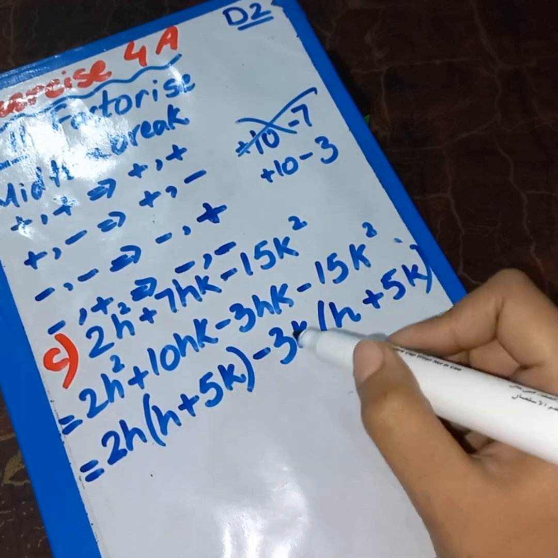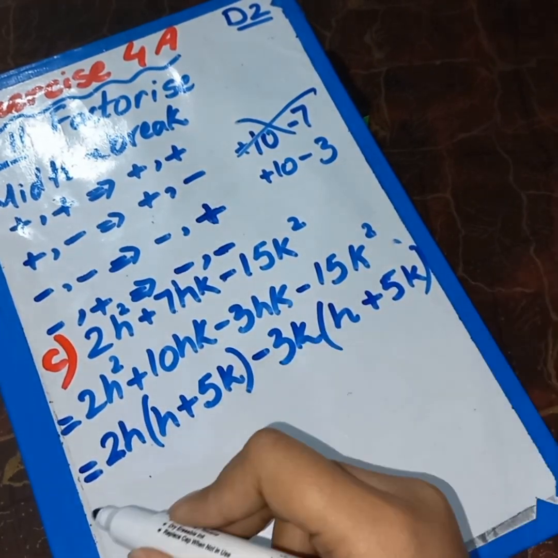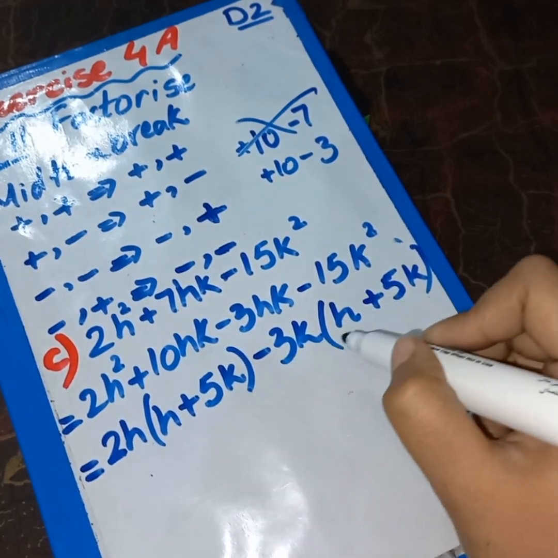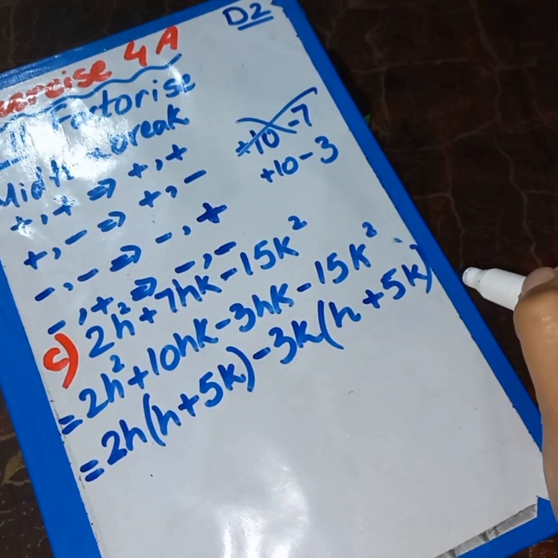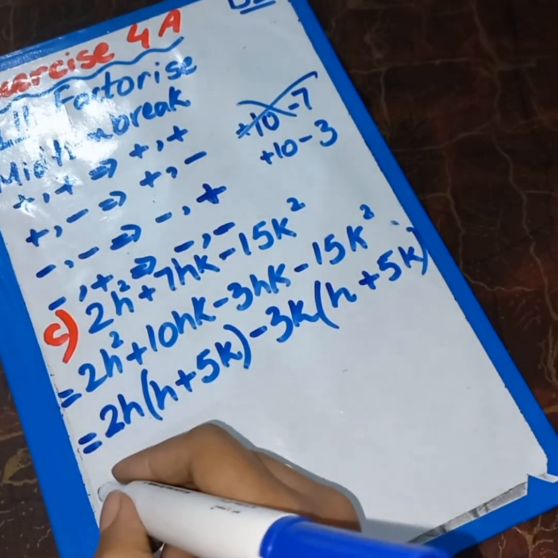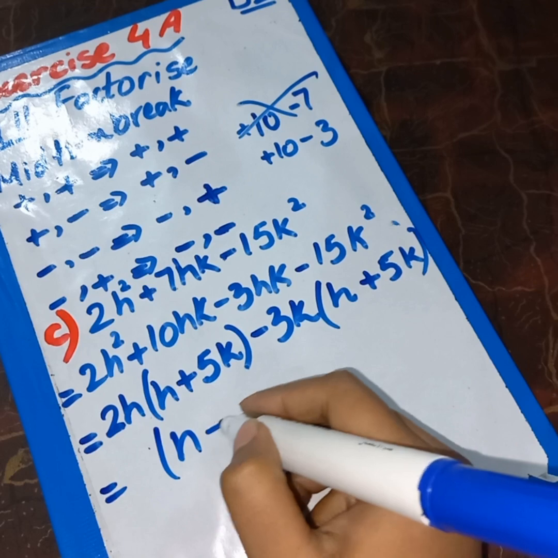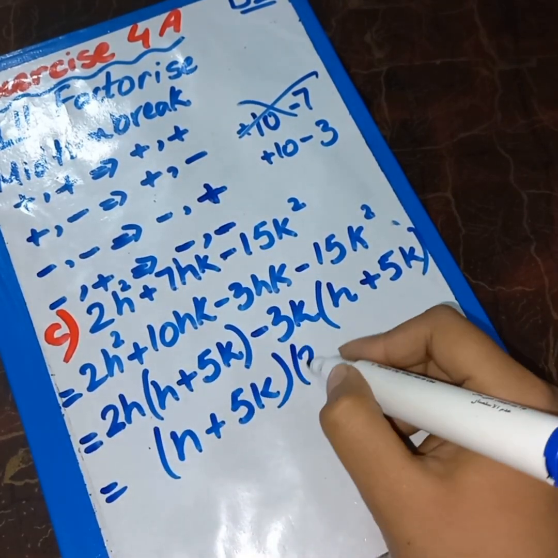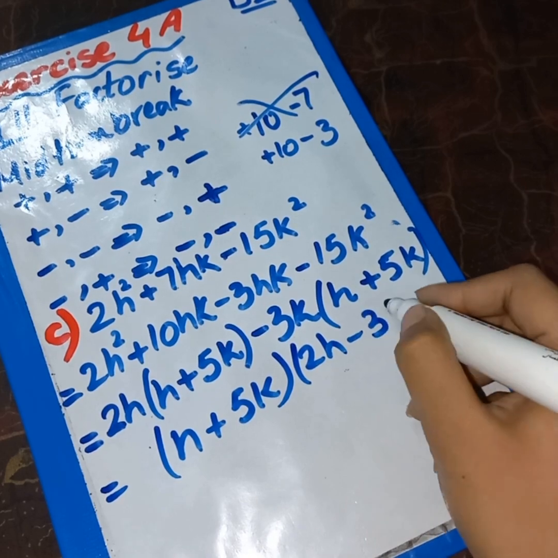Hence you can see, if you are going logically, this step is very important. While doing this step, you can verify whether you have done it correctly or not. So they are same, it means you have done it right. Now if they are same, write them once and the uncommons as well: 2h minus 3k.